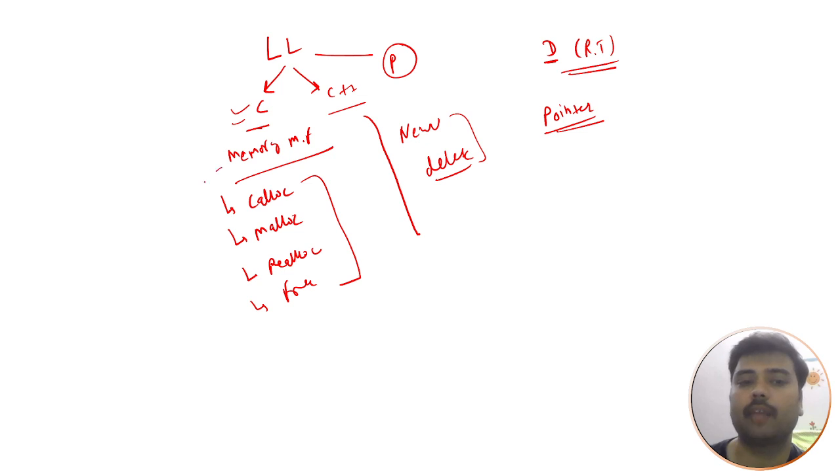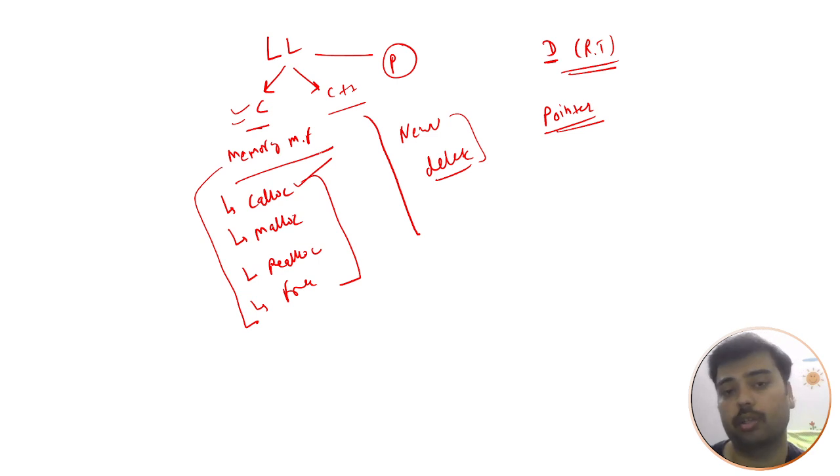So in the C programming language, we use these particular functions: malloc, calloc, realloc, and free. The calloc function is used for allocating multiple blocks of the same size. Suppose you know the definition of an array: an array contains a collection of similar types.